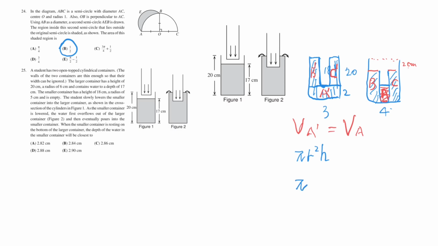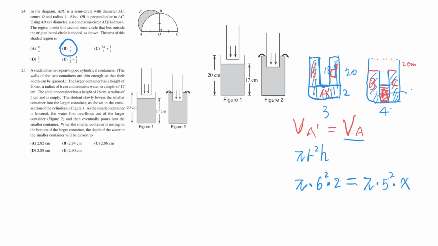In Figure 3, the radius is 6, so pi r squared times height, that's 2. In Figure 4, the smaller container's A volume is pi times the smaller container radius, which is 5, so 5 squared times height, which we don't know.